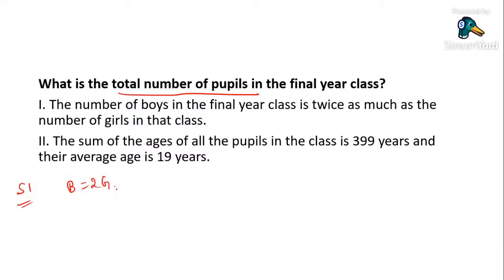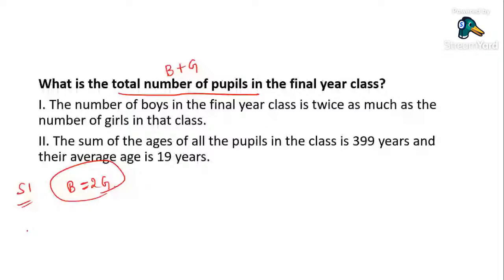So the question is about the total number of pupils. What does statement one say? Statement one is saying the number of boys is two times the number of girls. But we can't find the value of B plus G. What is the total number of pupils?